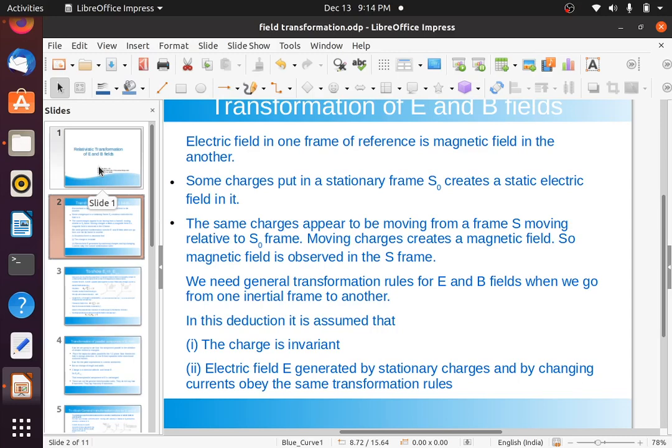So we see that the electric field in one frame is equivalent to a magnetic field in the other.